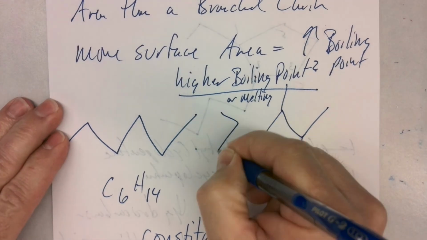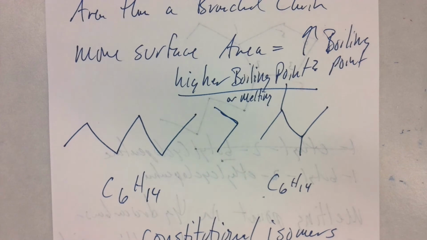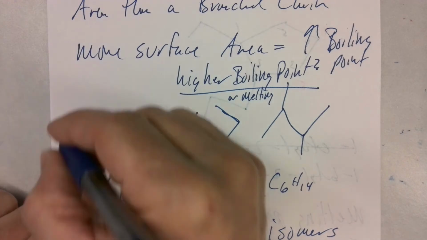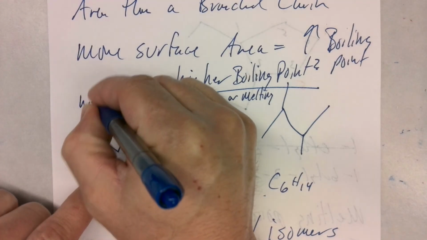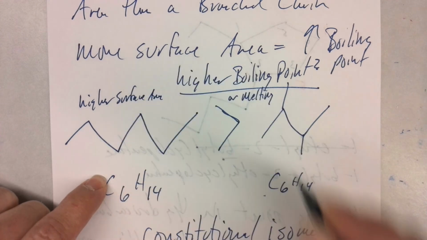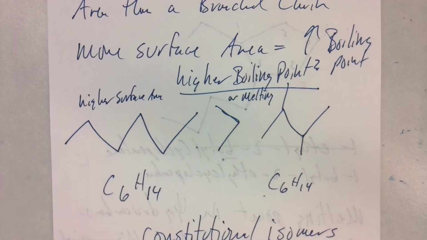Why would the one on the left have a higher melting point? Because it's a straight chain, and the straight chain has more what? Surface area? Yeah, so this has a higher surface area, which is going to give it a greater melting point than that one does.